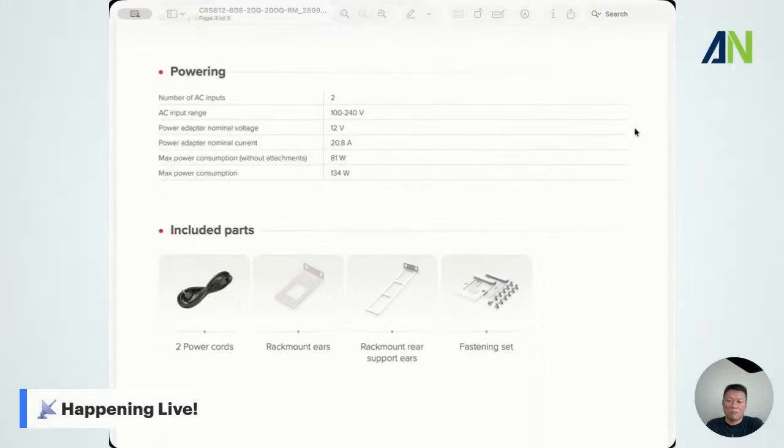Let's move on to the next thing that we would like to see.